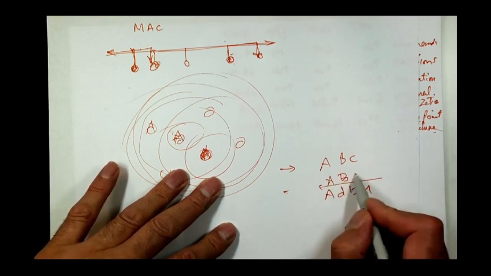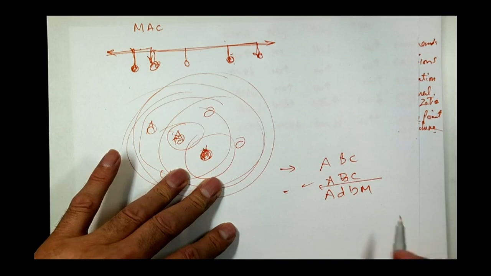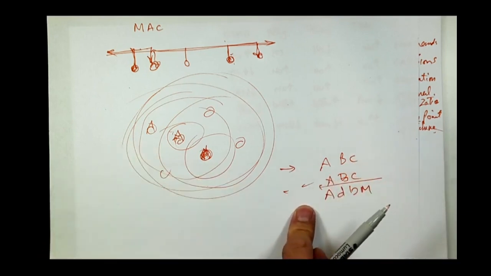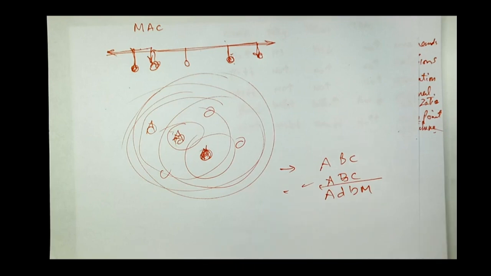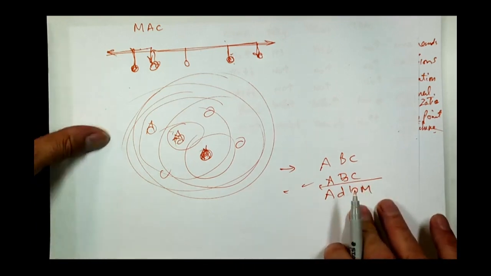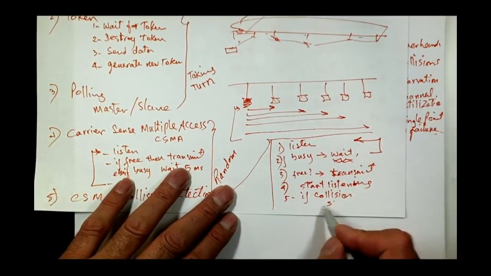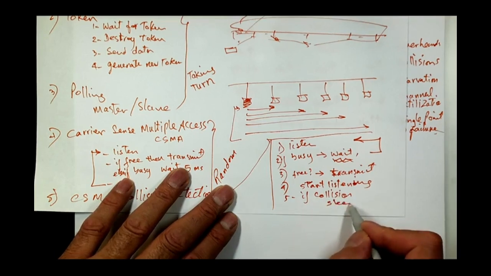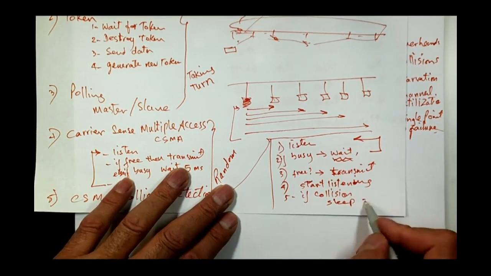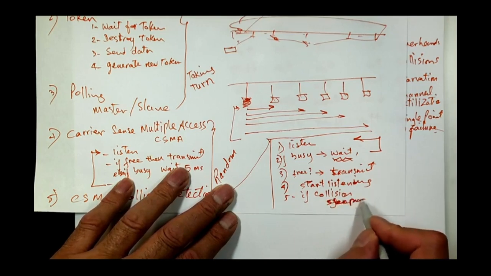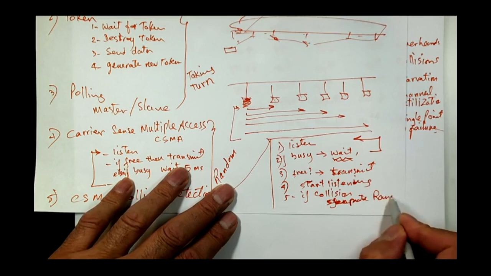If you hear ABC, then there's no collision. Everything is fine. But if you send one message and you hear a different message, that means someone else is also talking. So there is a collision. So if there is a collision, what do you do? Go to sleep. If there is a collision, go sleep. Generate a random number.